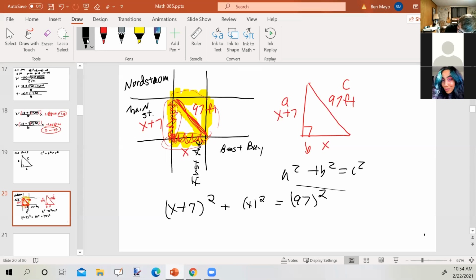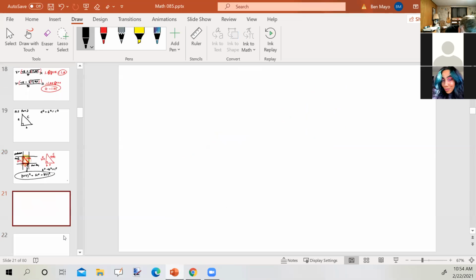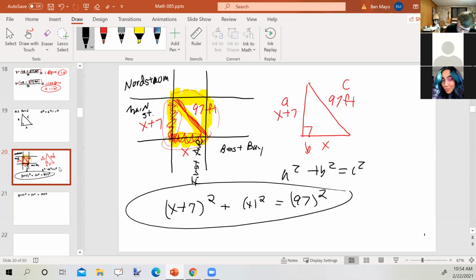All right, I'm going to take this, recopy it on the next page so I have lots of room to work it out. So (x + 7)² + x² = 97². Let's check.